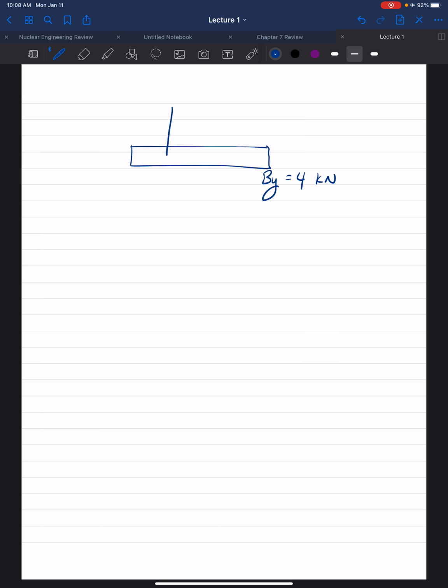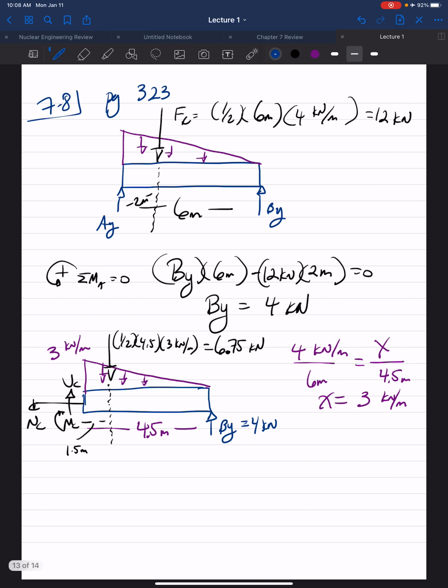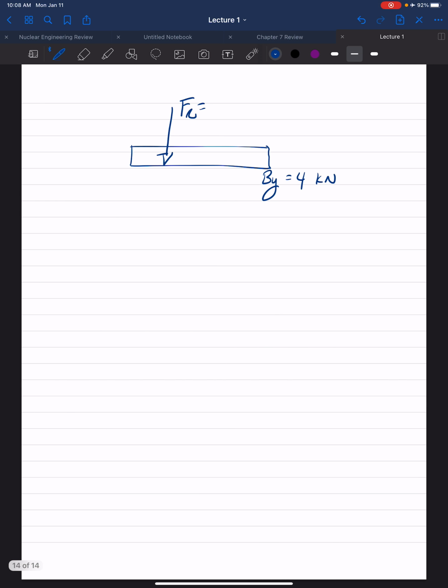We know our resultant force we determined was 6.75 kilonewtons. And this distance was 1.5 meters, which leaves this distance as 3 meters. We have our normal force, our shearing force, and our bending moment from the internal loadings when we made our section at C.